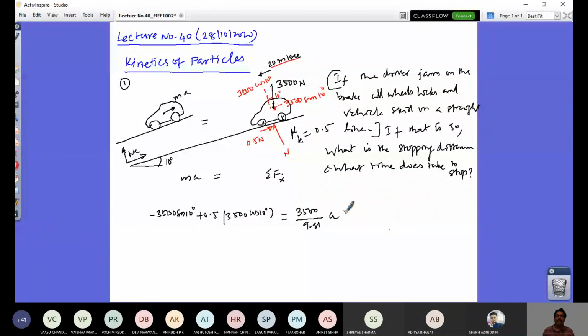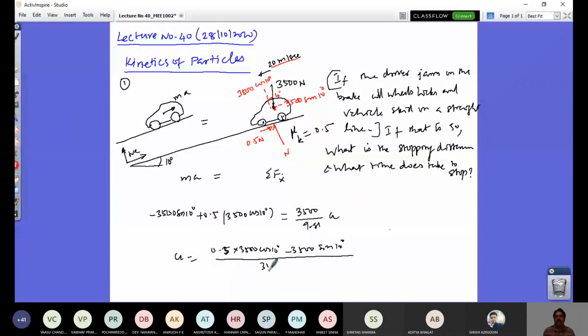Right? So now I can find out what is this A. So that's going to be 0.5 into 3500 cos 10 minus 3500 sin 10 divided by 3500 by 9.81.